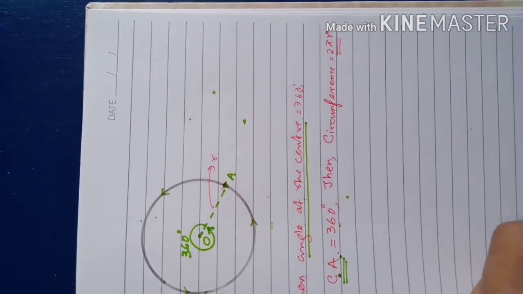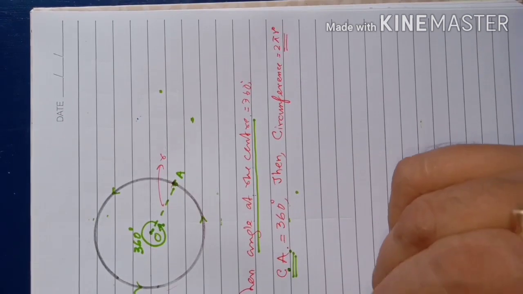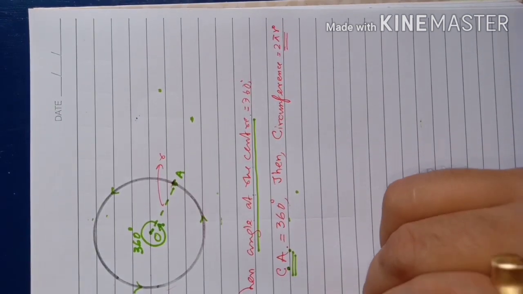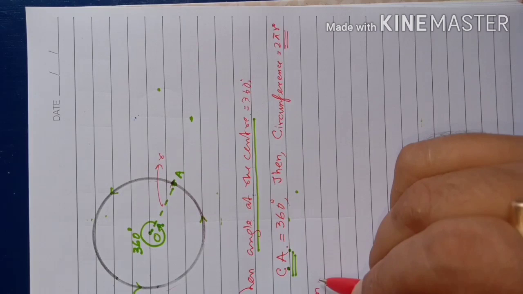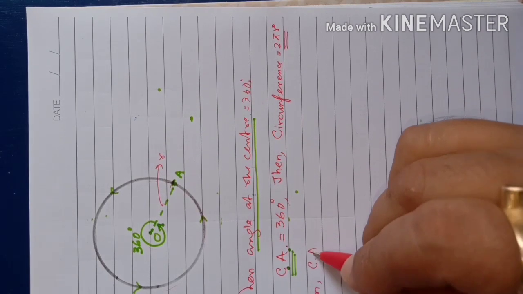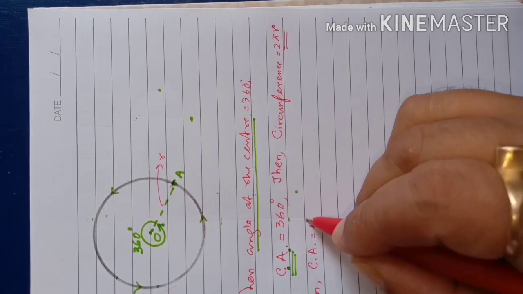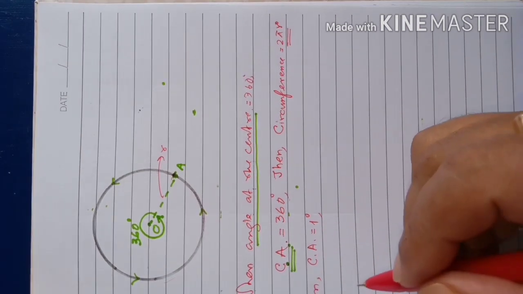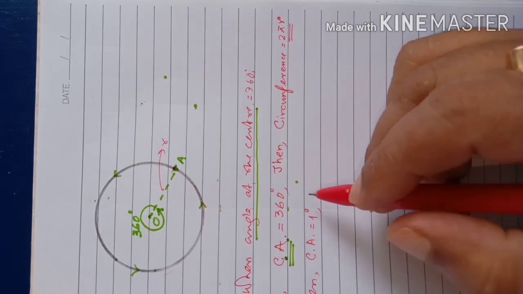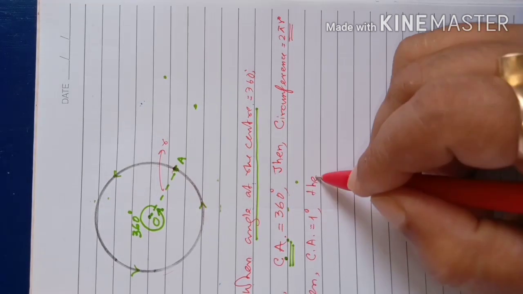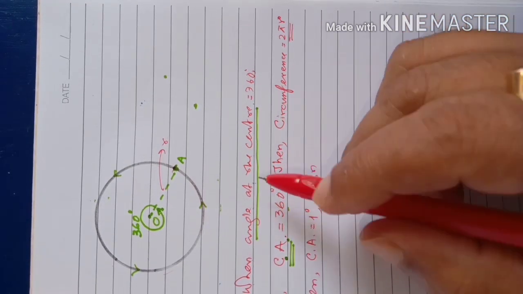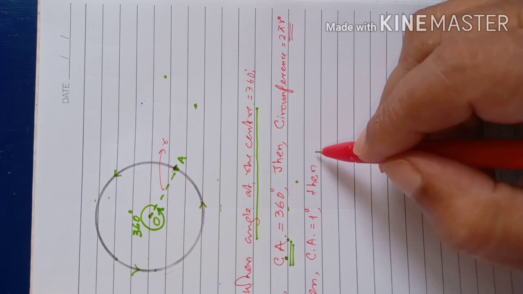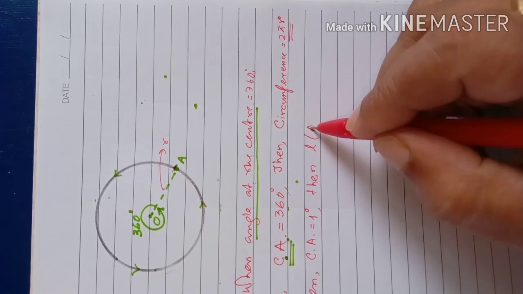Dear students, by unitary method, now you say when the central angle will be equal to 1 degree, then the circumference, meaning the length of the arc AB.